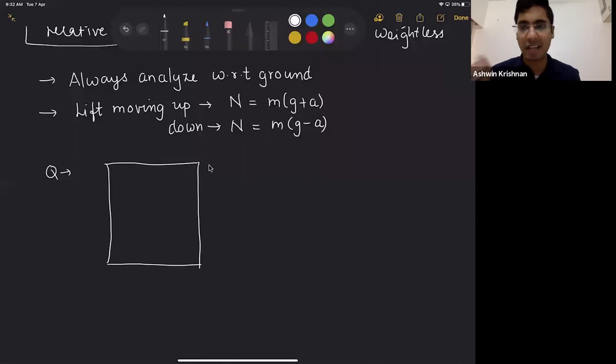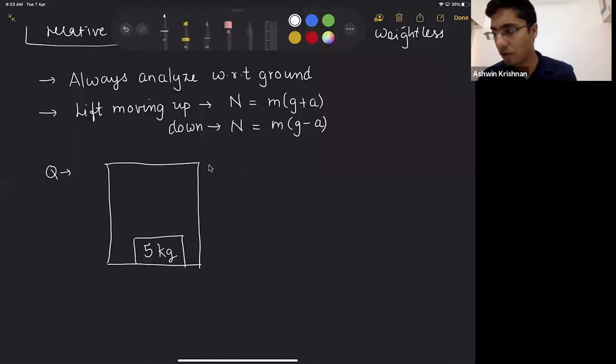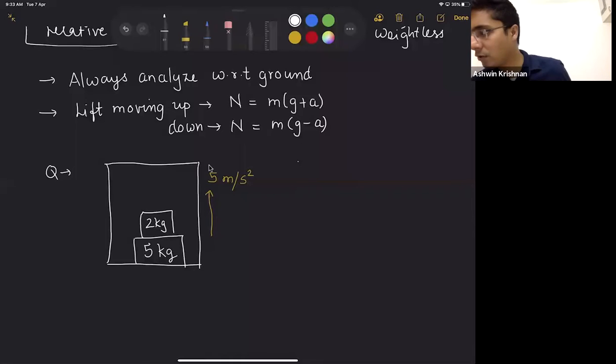This has two objects, and if I show this problem, you will understand the concept very clearly. A 5 kg object and a 2 kg object kept on top of it. Now this entire lift is accelerating up at 5 meters per second square. Assume g equals 10 meters per second square.